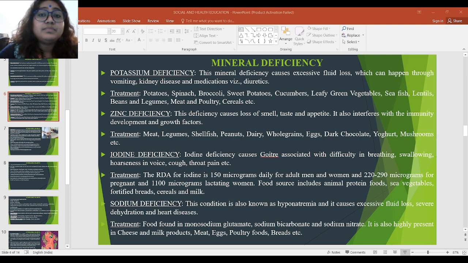At that time, that particular person becomes dependent on alcohol. So what we call alcohol dependence, or we can say the person is having disorders associated with alcohol use. So it is highly important that we try to avoid this bad habit.